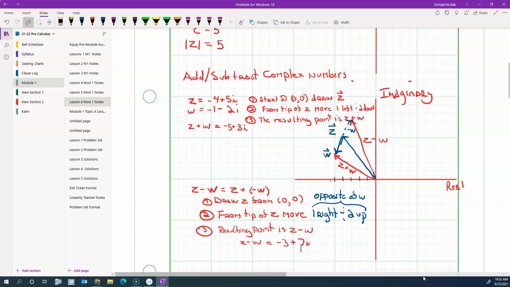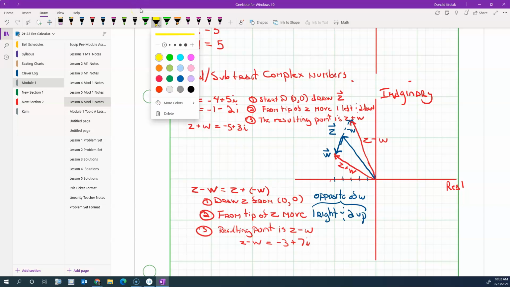So you can add lots of vectors. You just go to wherever your last tip was and draw your next vector. When you're all done, you connect wherever you are with the origin, and that is called your resultant. These vectors right here are called resultants.